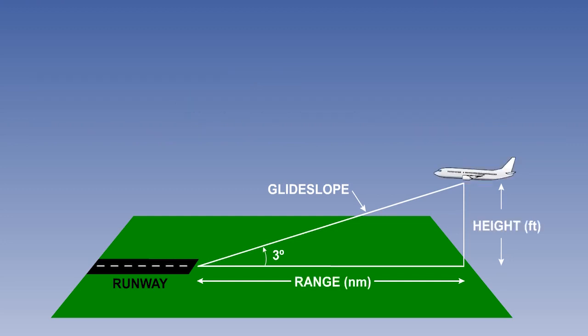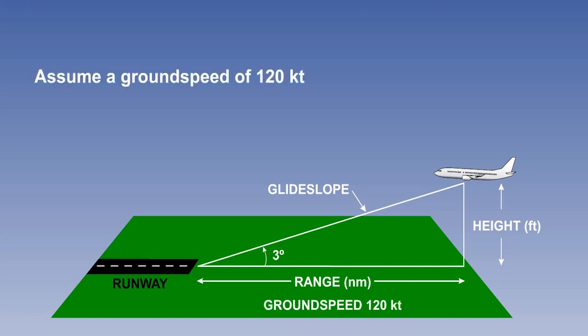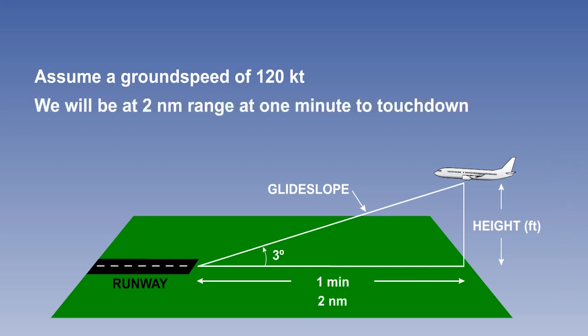Now assume that we've graduated from training and we're in a regional jet. The approach airspeed is 130 knots, and again we've got 10 knots down the runway. Our approach ground speed is now 120 knots. What range will we be at 1 minute to touchdown? 2 miles.